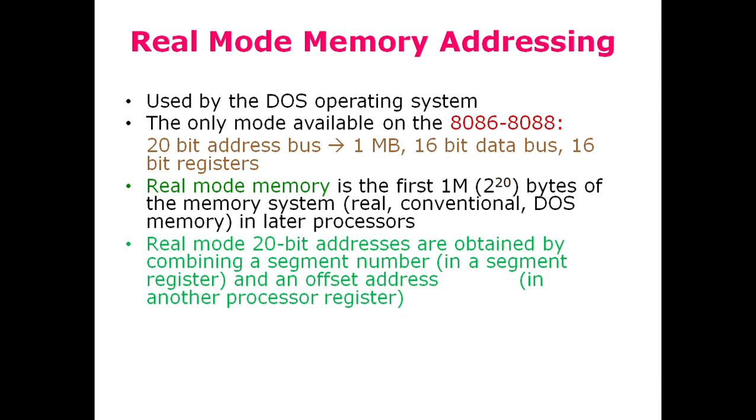In the real mode, the 20-bit address is obtained by combining a segment number, which is taken from any segment register, code segment, data segment, extra segment, or stack segment, and an offset address, which is taken from any other processor register. The offset is added with the segment number taken from the segment register, and a 20-bit address is created. That 20-bit address is then called the effective memory address.